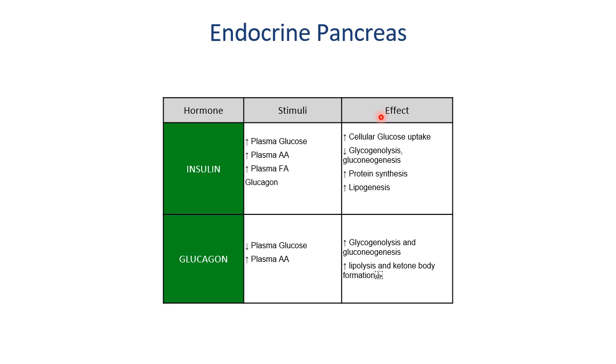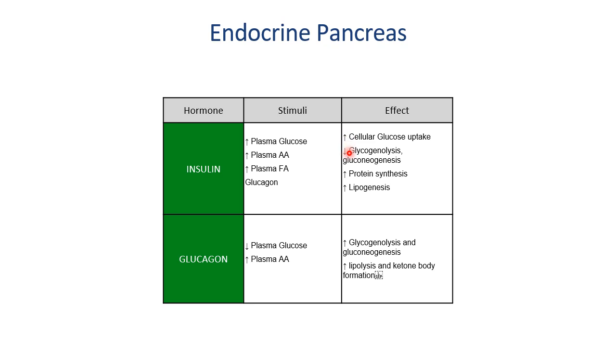What would be the effect of insulin? It causes the peripheral cells, in particular the muscle cells and the fat cells, to take up the glucose from the blood and deliver it into the inside of the cell, where it will be utilized for energy production.